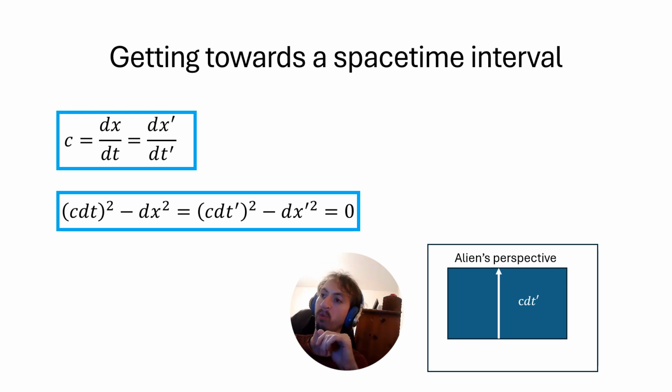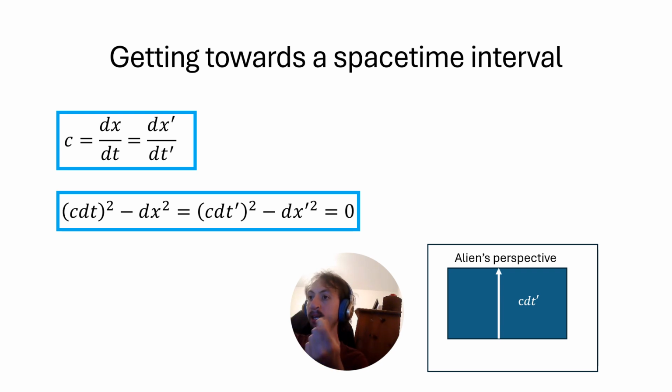Say it's a very small alien, so near ground level. The final event is the laser beam hitting the ceiling of the train. And so we're trying to find an expression for the space-time interval between those two events.